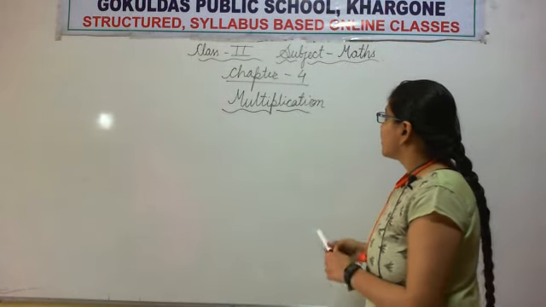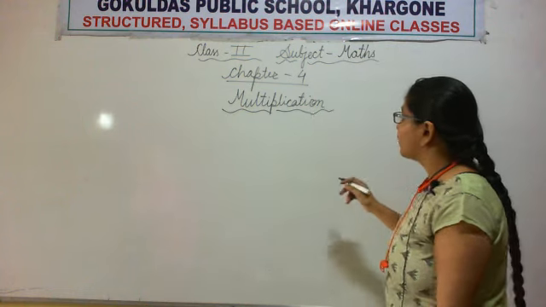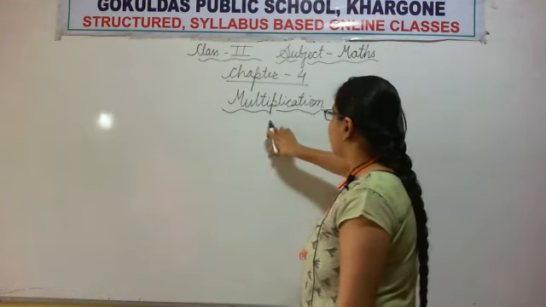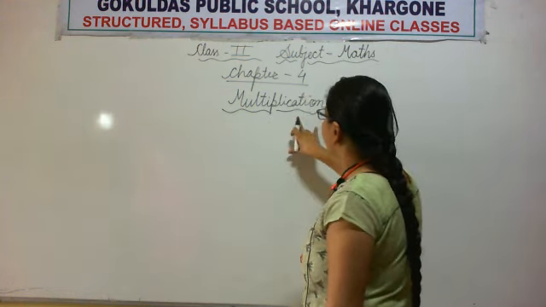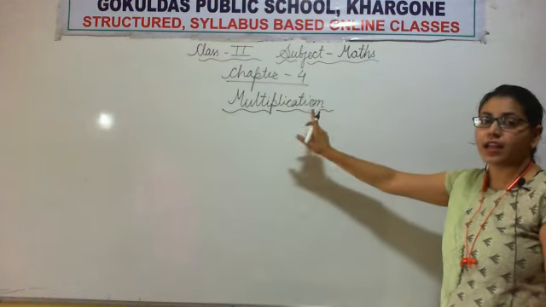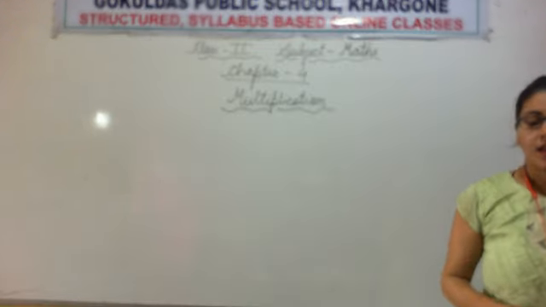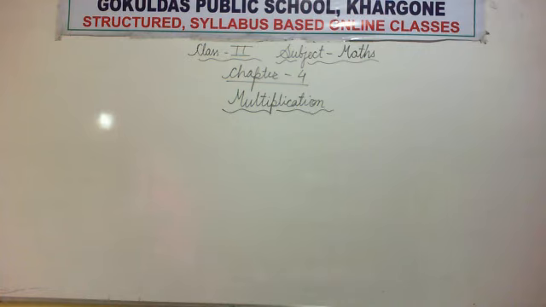Write chapter 4 at the top of your page. Chapter number 4, multiplication. Write the chapter number and chapter name. Always start a new chapter with a new page.